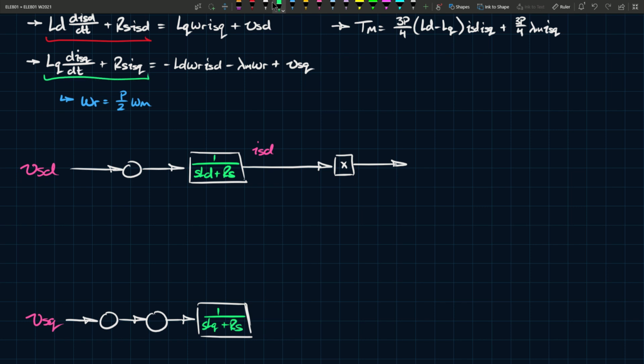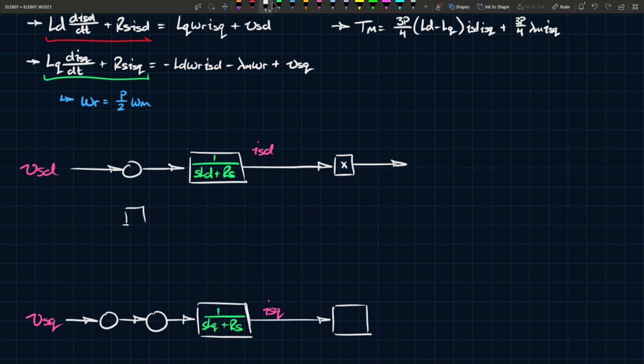So the output of this box is ISQ. That's what the differential equation tells us. And what's on this side we can leave for now, because otherwise we're going to get a little ahead of ourselves.